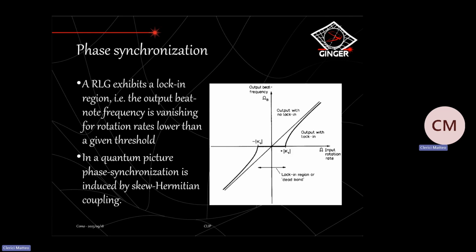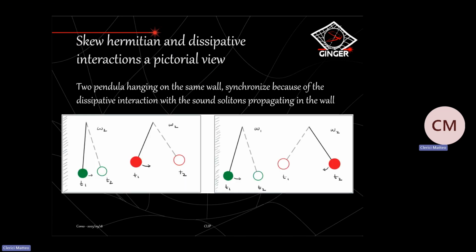Phase synchronization is essentially a classical effect that you can see also in a ring laser. If you have two clocks on one wall, they will start to synchronize the phase because there are some phonons in the wall that couple the system. And this is a skew Hermitian interaction. It's not a Hermitian one.